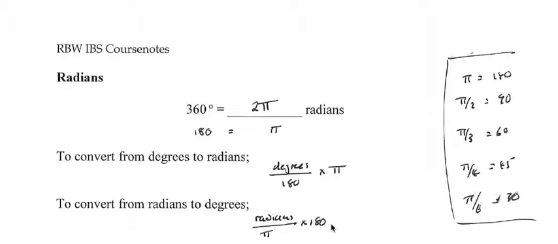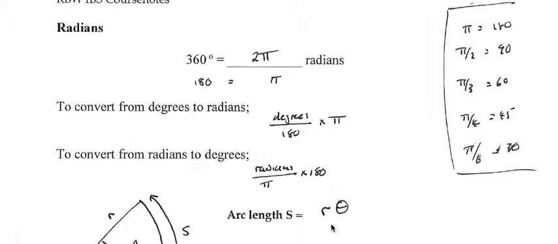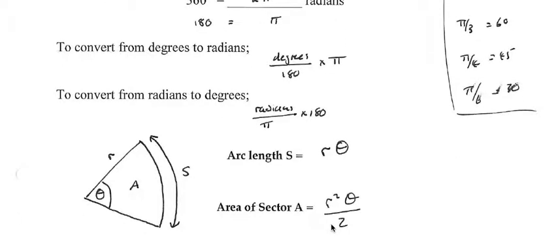Now, the reason why radians are a convenient way of dealing with turns or angles is because they simplify some of the formulae. At GCSE, you learned about how to deal with arc lengths and sectors, and we would have had theta out of 360, that's the fraction of the circle that I'm dealing with.